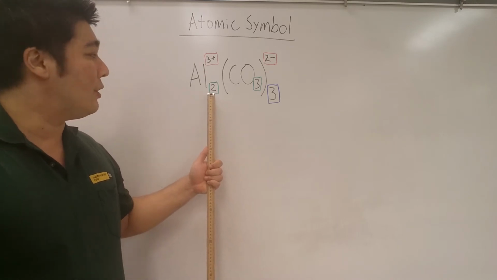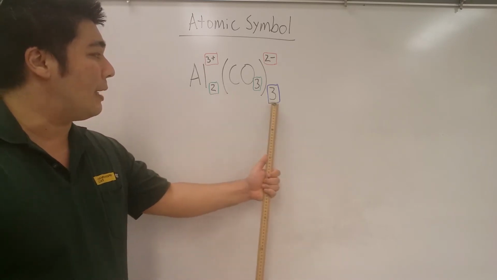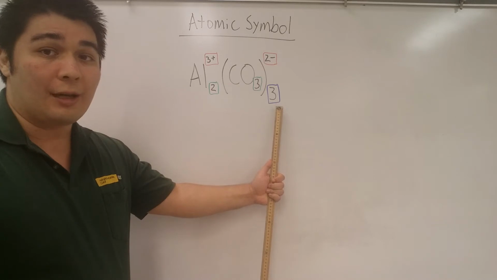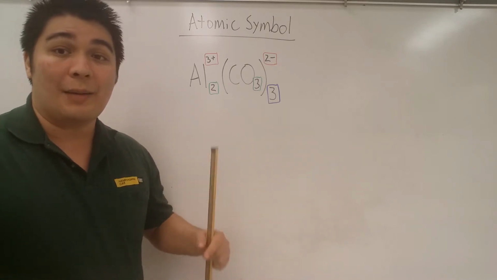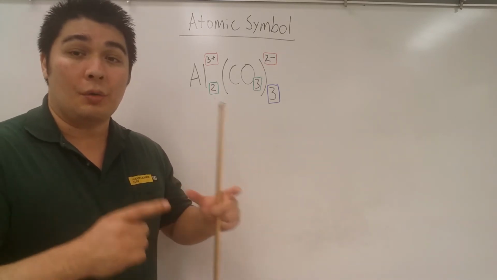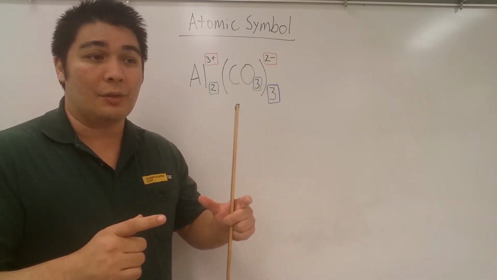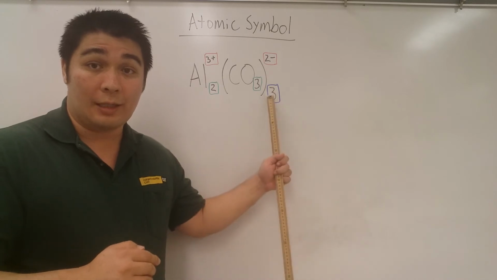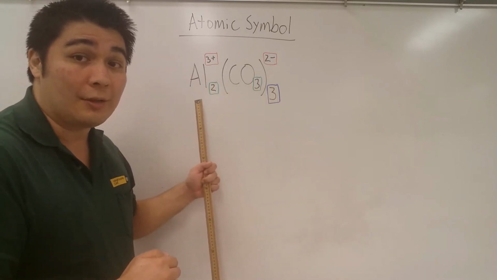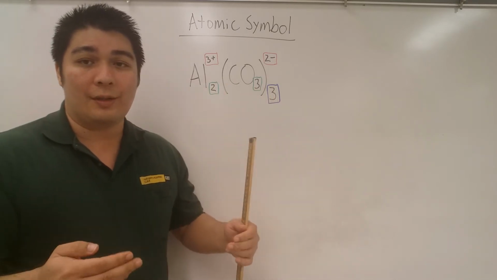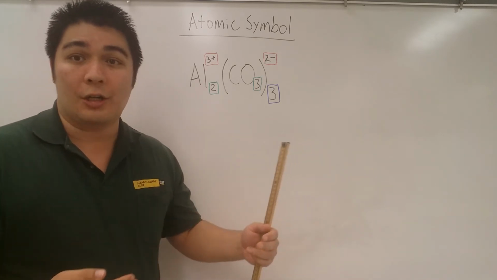So you look for the numbers here and find the least common multiple, and that's the total amount of charge: the total number of negative charges on one side and total number of positive charges on the other side. When you figure that out, you can figure out how much charge there is.